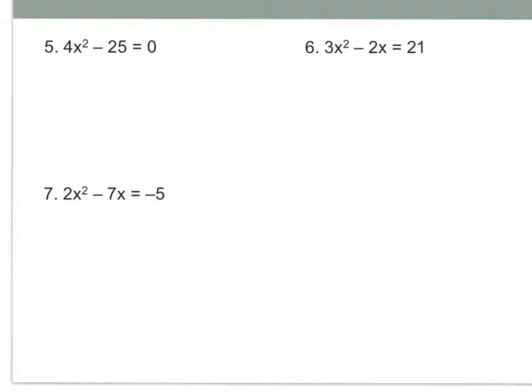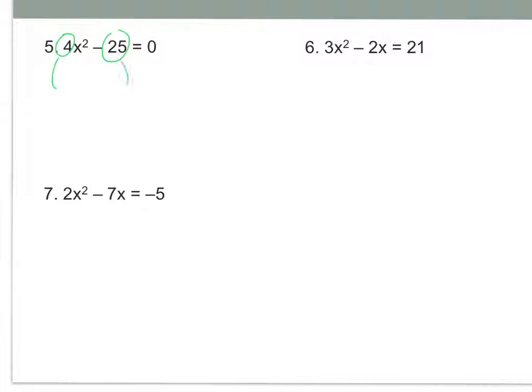Alright, last 3 examples, this time a little trickier with the factoring. Number 5, 4x squared minus 25 equals 0. So that's a little similar to the first example we did where we solved for x by taking the square root. So I could solve for x by taking the square root, or I could solve by factoring. If you notice, both 4 and 25 are perfect squares.